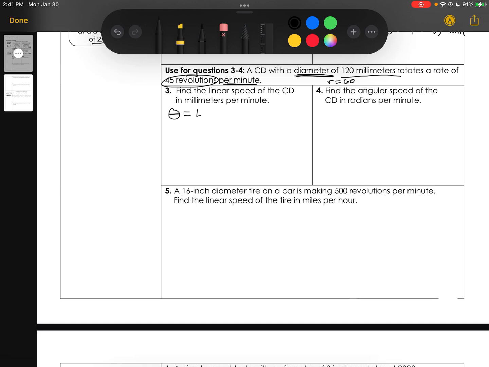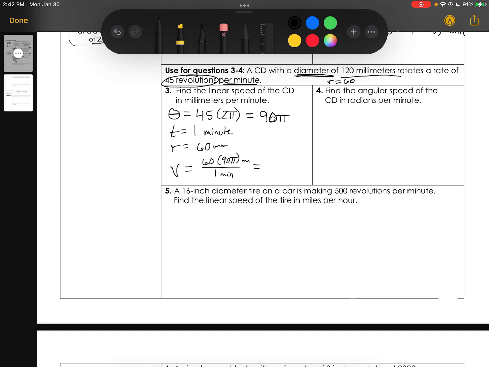The first part asks for linear speed in millimeters per minute, so I like to start with the radian theta measure. 45 revolutions times 2 pi gives us 90 pi radians as our measure for theta. Time is again per every 1 minute. And our radius, since they gave us diameter, is 60 millimeters.